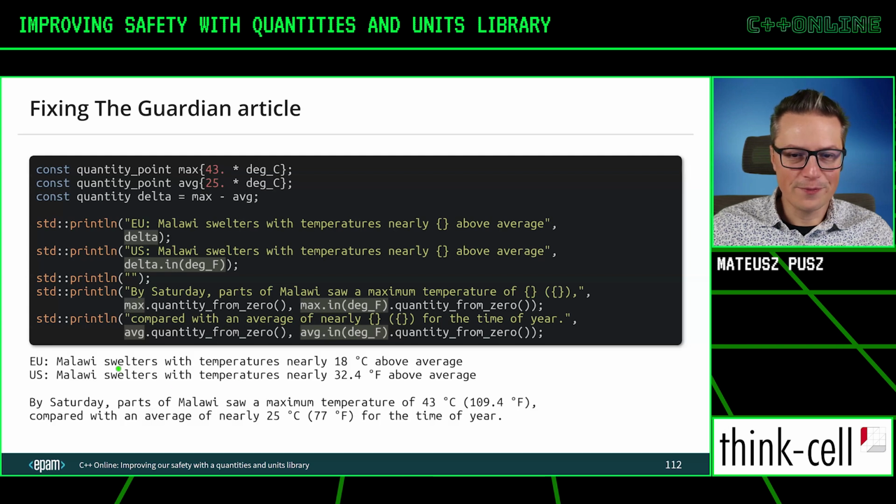And then compare that it provides correct values for specific locations, right? 18 degrees Celsius in the European edition, 32 Fahrenheit in the US edition for the same article. And here you have both units correctly scaled in both cases.